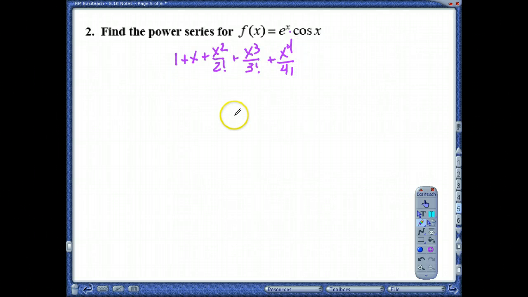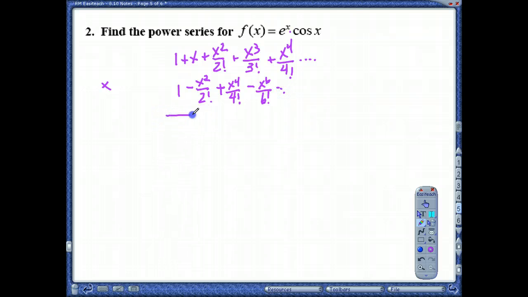Okay, so that's my e to the x, and I'm going to multiply it by my cosine, which is 1 minus x squared over 2 factorial plus x to the fourth over 4 factorial minus x to the sixth over 6 factorial. Now note this keeps going and going, but we're just going to multiply out a couple terms so we can see what that pattern is.